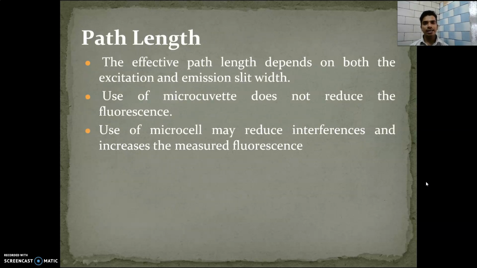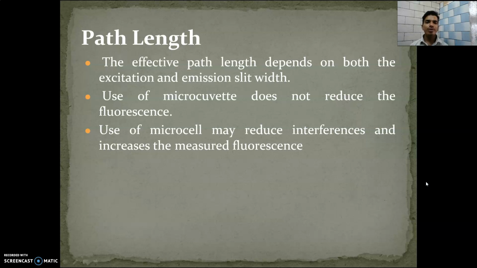Then path length. The effective path length depends on both the excitation and emission slit widths. So the excitation and emission slit widths are very important to get a proper intensity of the fluorescence.